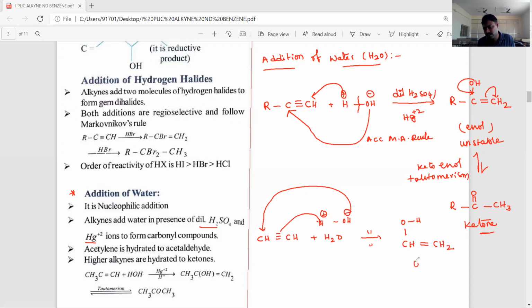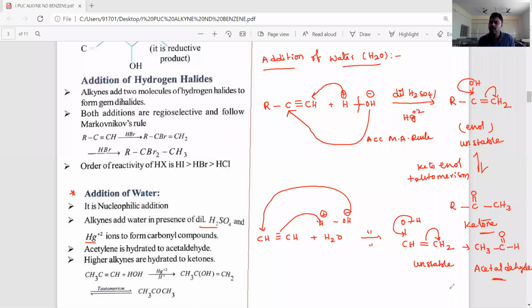The enol is unstable and rearranges to give CH3 C double bond O H. Acetaldehyde is the common name.